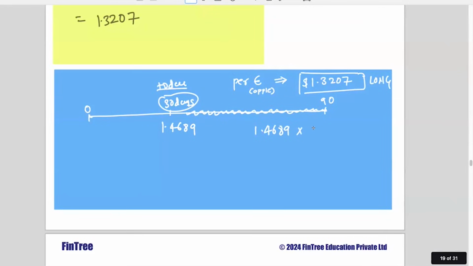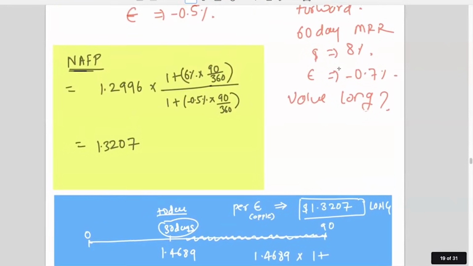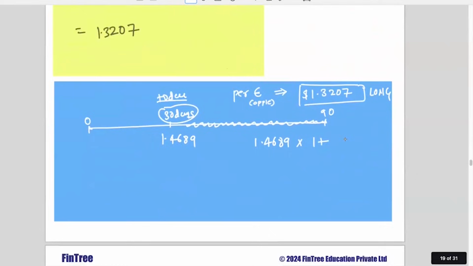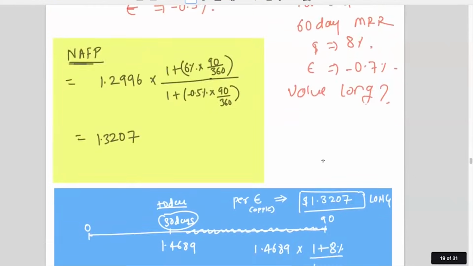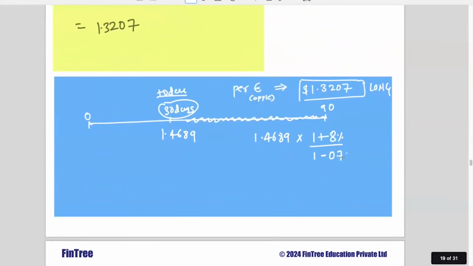1.4689 multiplied with 1 plus the new 60-day US dollar rate of 8%, divided by 1 minus 0.7% into 60 by 360. So that should give us a new rate.